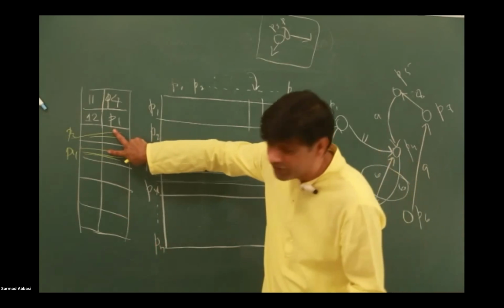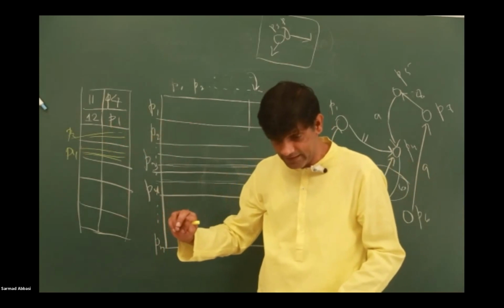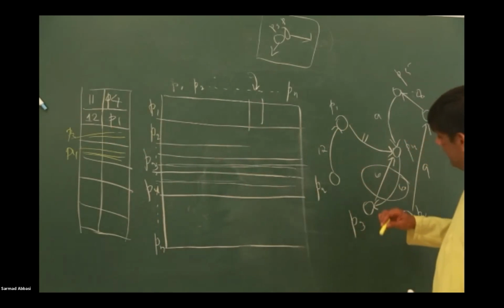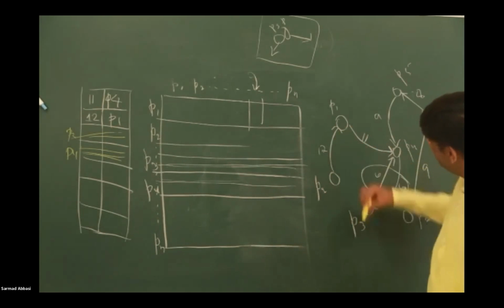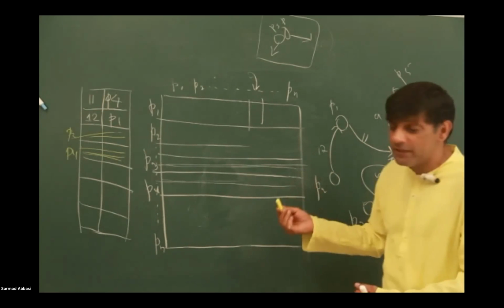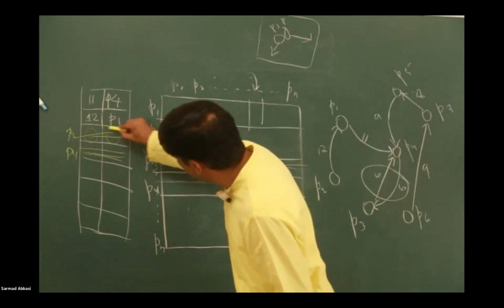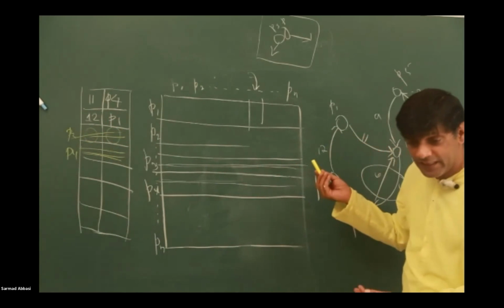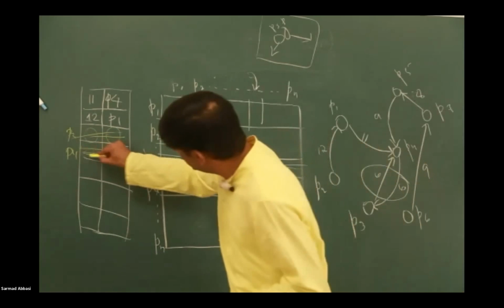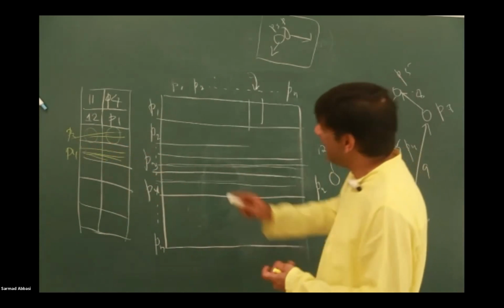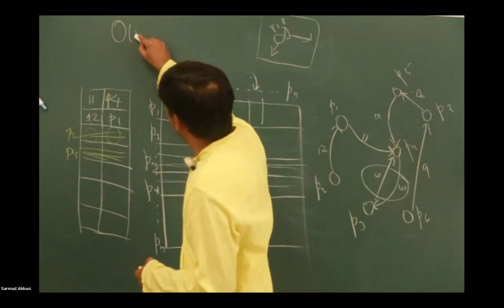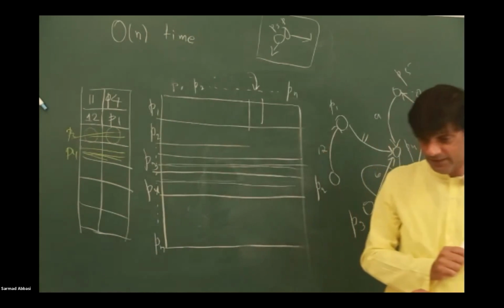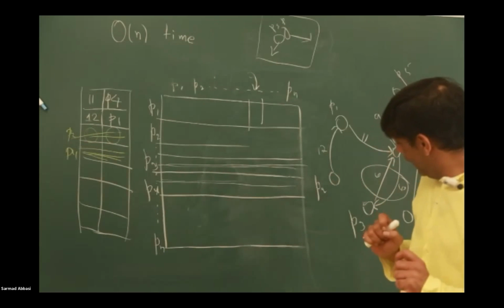These two entries have to be recalculated. I have to compute P3's collide time with everything, take the minimum, and replace it here. And the same for P4. That's going to take order n time.